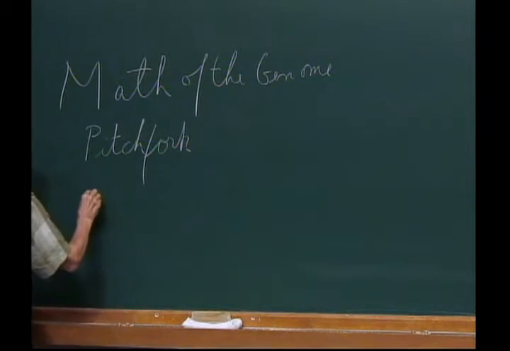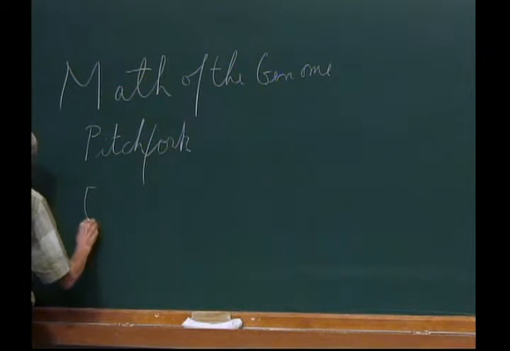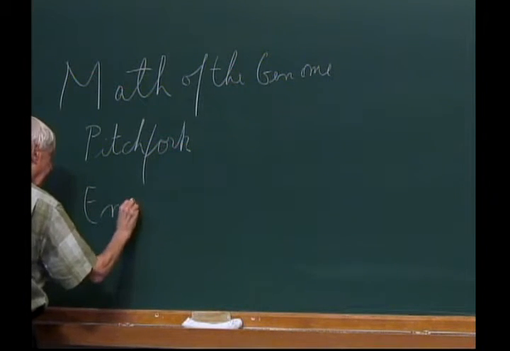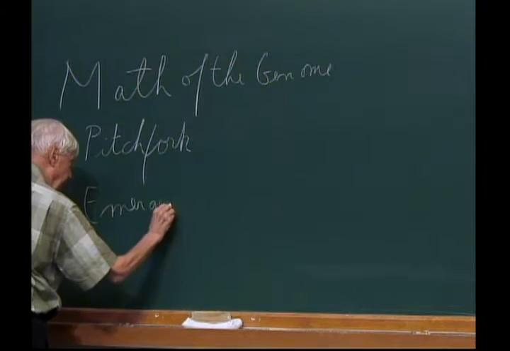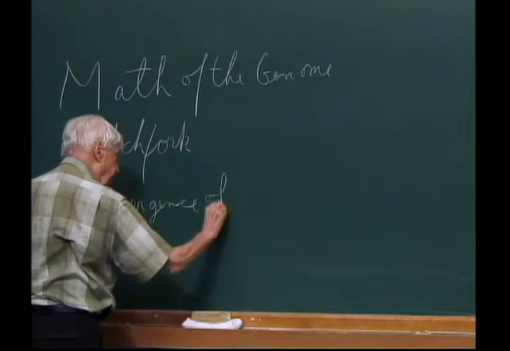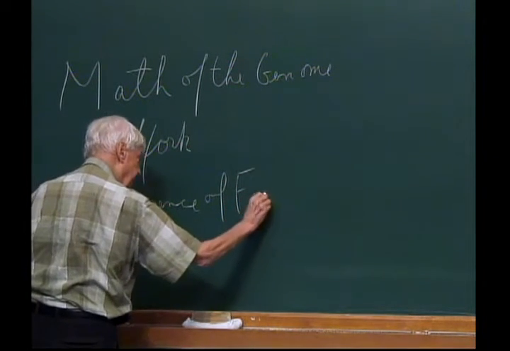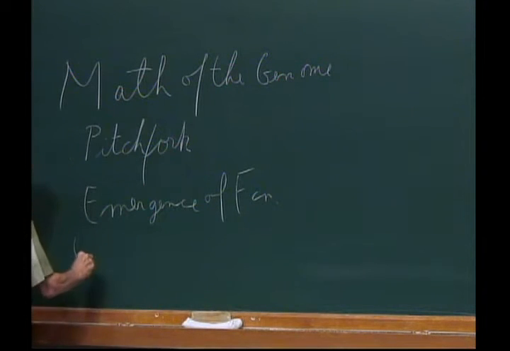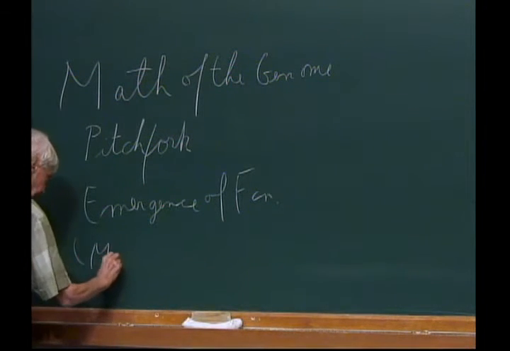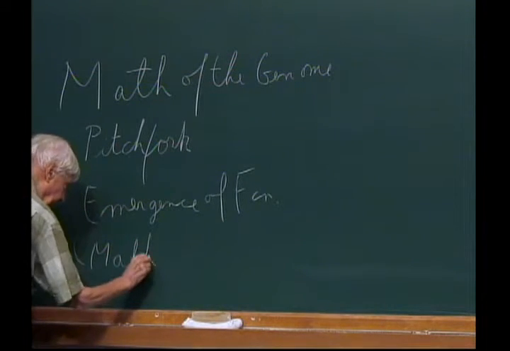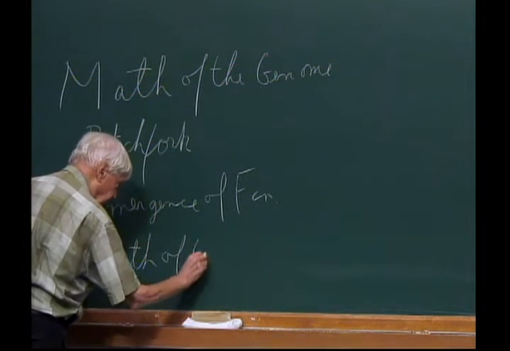The third one is the emergence of function. And the fourth one is not written, and that is the math of the cell cycle.